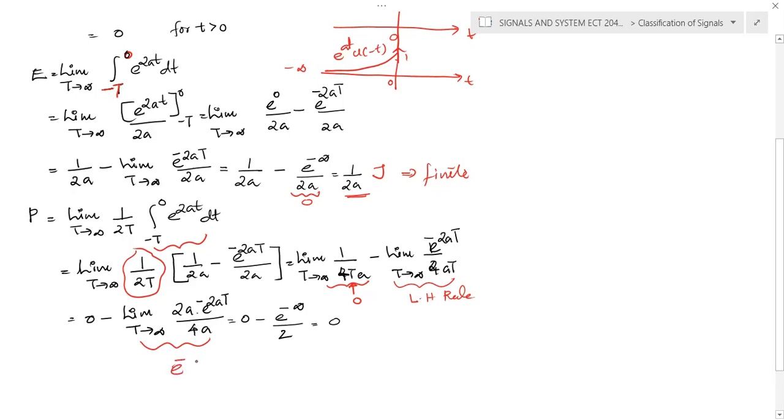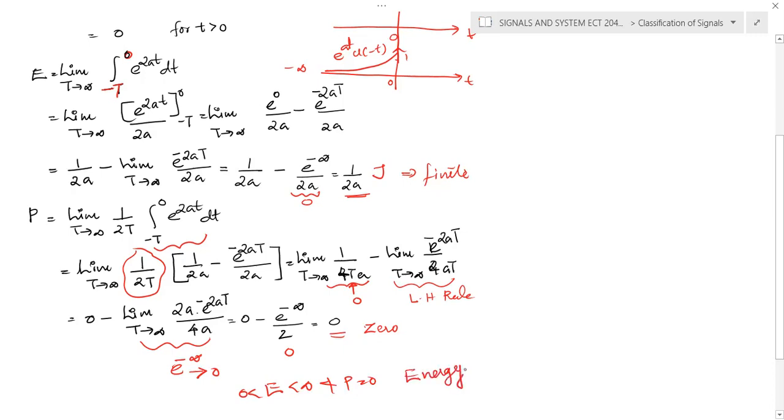When t is equal to infinity, it becomes e raised to minus infinity, which is tending to 0. So the final result is 0. So energy is a finite quantity and power is equal to 0. So we can conclude that the given signal is an energy signal.